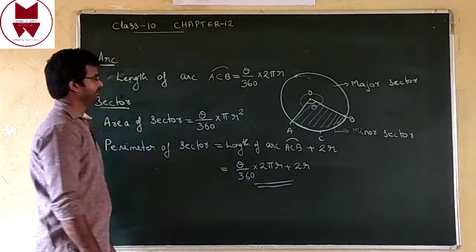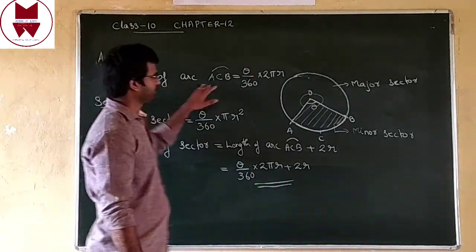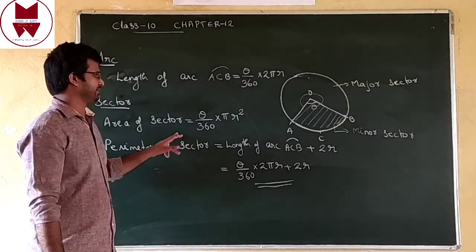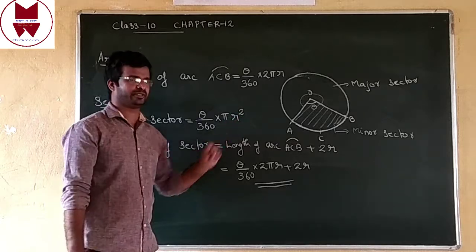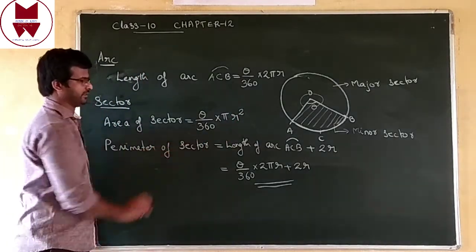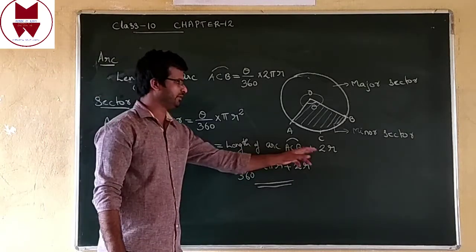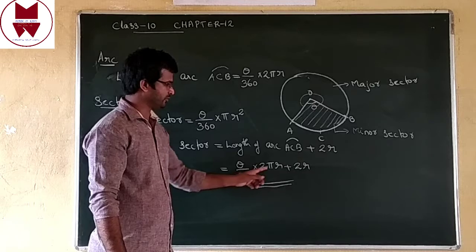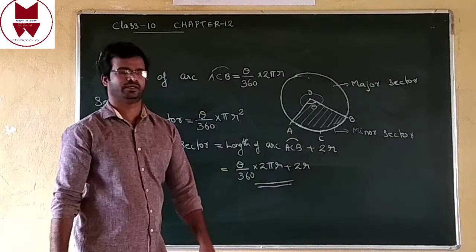Okay. Three formulas. First, length of an arc, that is theta by 360 into 2 pi r. Then area of sector, theta by 360 into pi r square. Then perimeter of sector, that is length of arc ACB plus 2r, where length of arc is theta by 360 into 2 pi r.